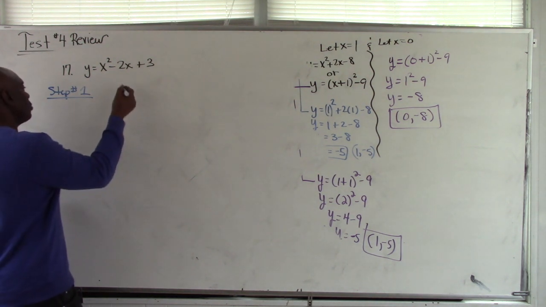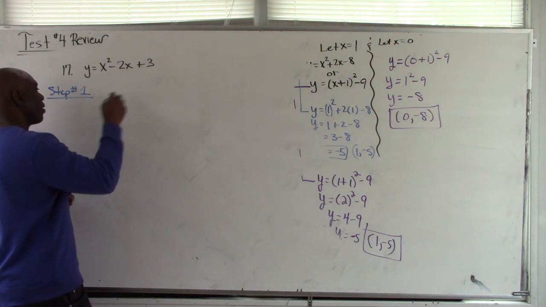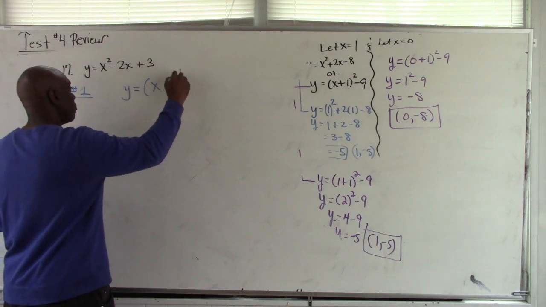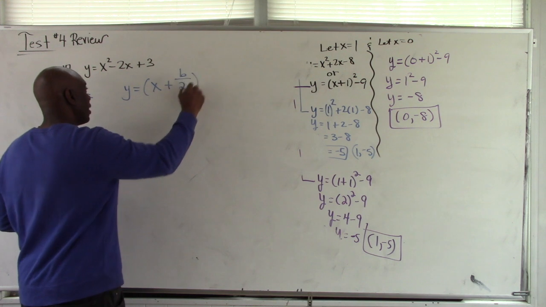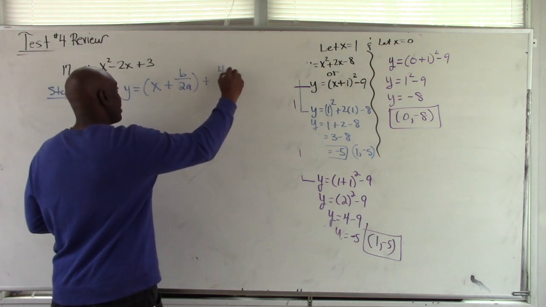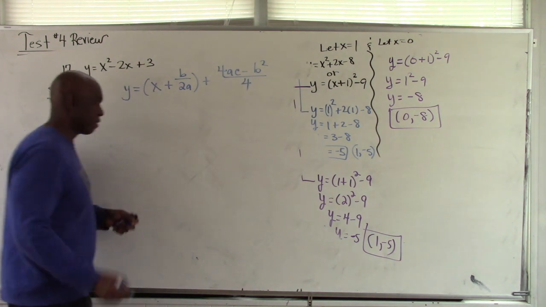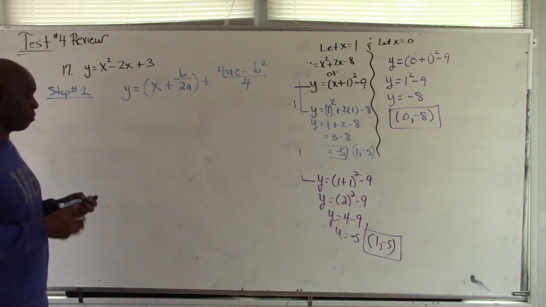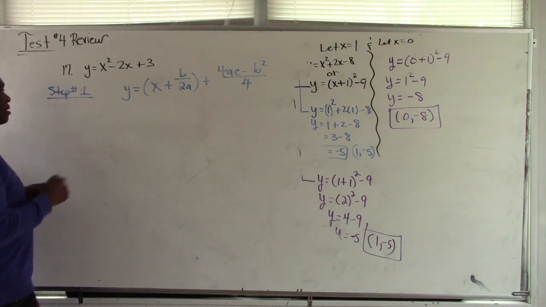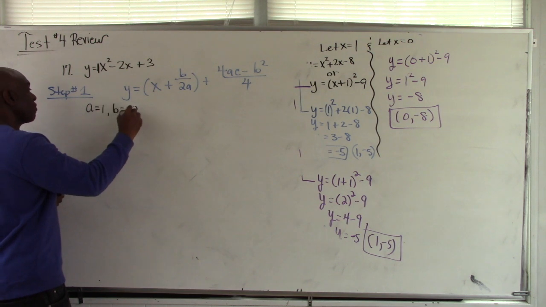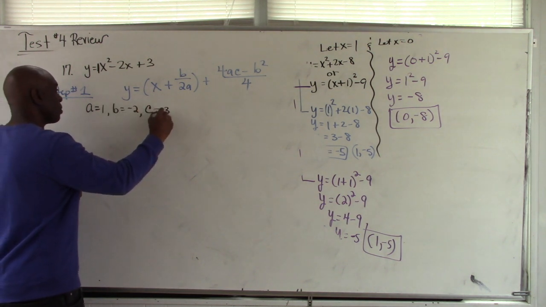This time I'm going to use the algorithm that says y equals x plus b over 2a, plus 4ac minus b squared all over 4a. I use that to write it in vertex form, okay? Let me identify a, b, c. So a is 1, because 1's right here. b is negative 2, and c is 3.